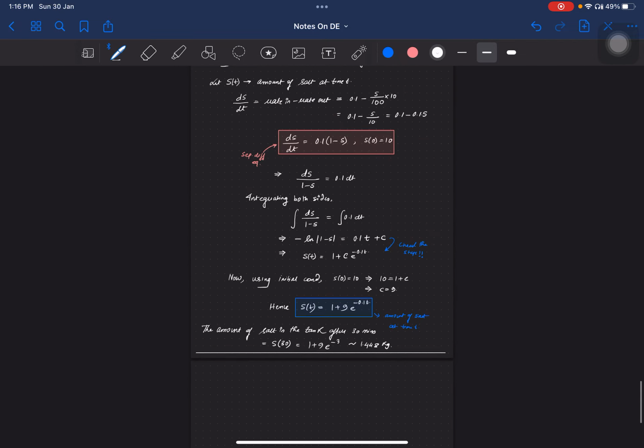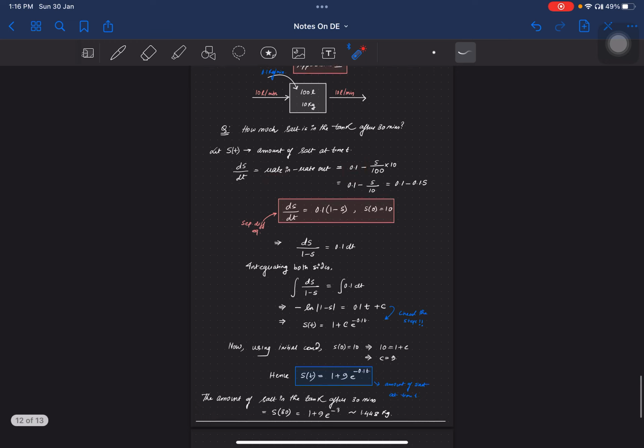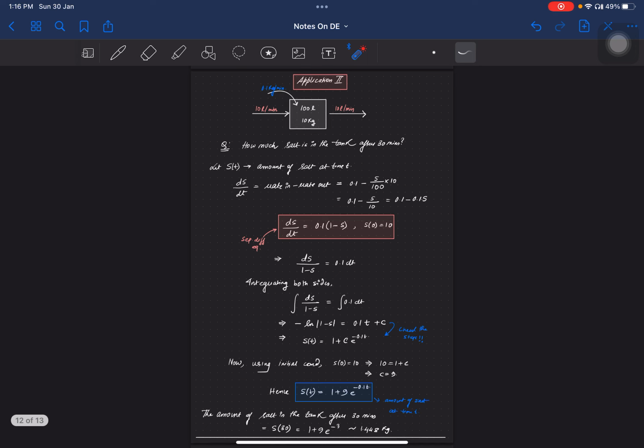What change did we have from the previous example? In the previous example, we did not have this component. The rate in was 0 because only pure water was coming in. But in this case, we had some positive term because salt was also introduced.